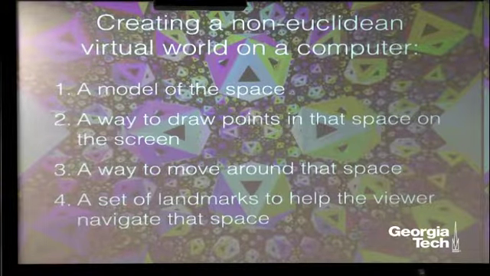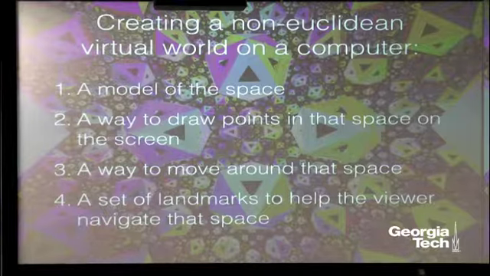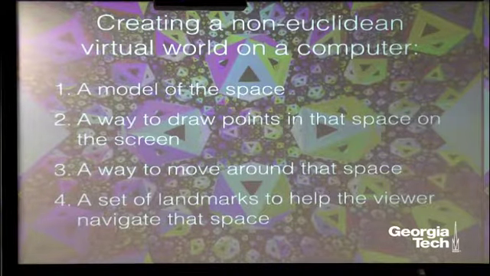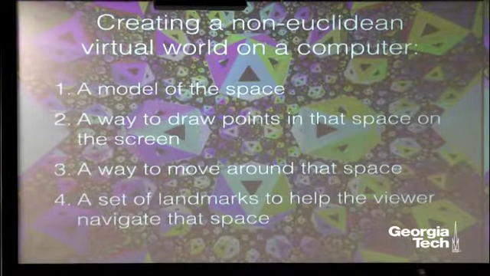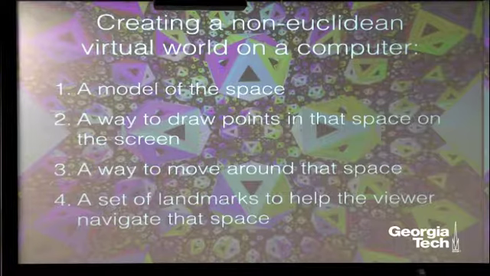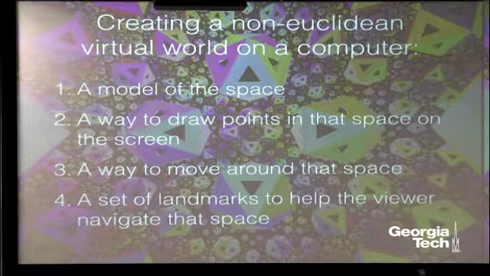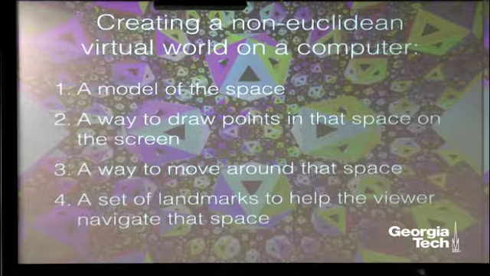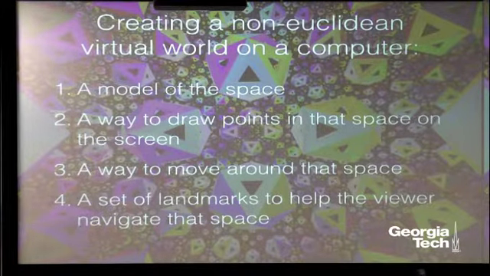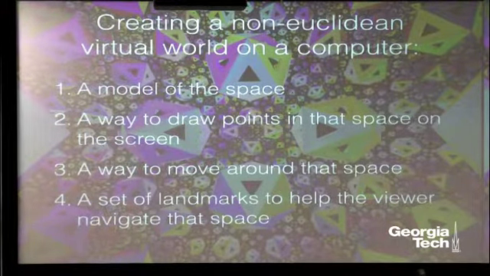In order to create a virtual world on our computer, we need 4 components. I'm going to need a model of the space. I'm going to need a way to associate every point in my space to a number in my computer. I'm going to need a way to draw those points on the screen. And this is this principle that light rays must follow geodesics.